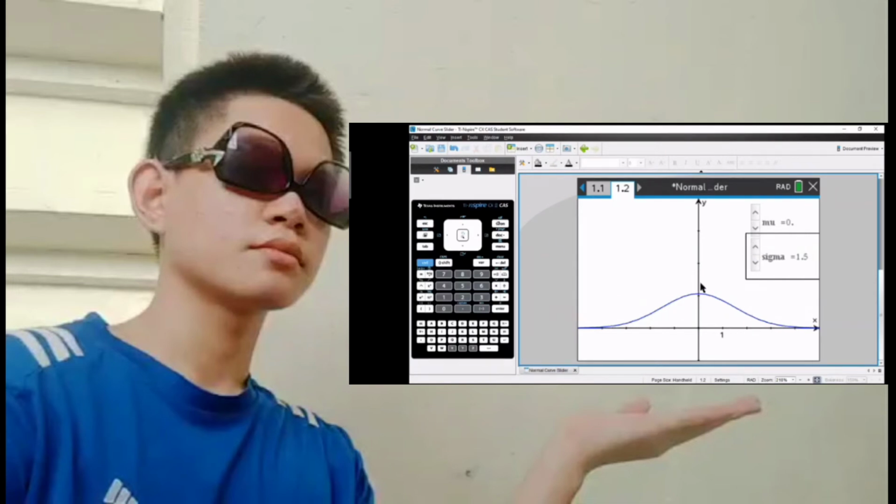If the value changes to 1.5, notice the change of the sigma. When it comes to the increase of sigma, it narrows the graph. But if I decrease it, it reaches a higher peak of the graph.